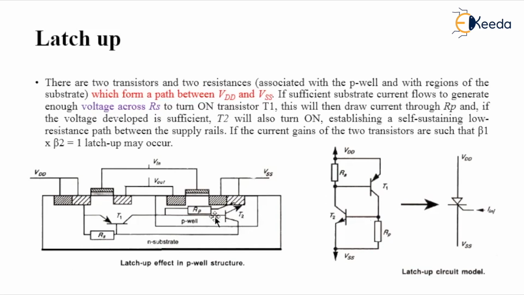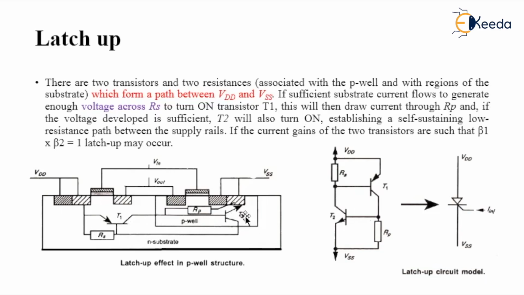I repeat, if a sufficient amount of current in the substrate is there, that will make a voltage across this RS. When the voltage across this RS is greater than the cut-in voltage of this transistor, it will be turned on and move to saturation mode or linear mode. When it is turned on, it will draw some current, and that current will pass to this RP and T2.